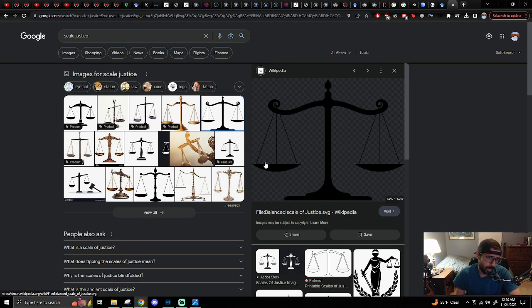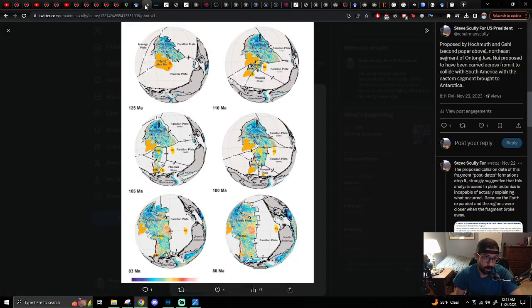It will look like this side's heavier, when the reality is all this stuff on the plate tectonic side can be put on the Earth expansion side, and then suddenly it goes the other way, where the evidence shows the true geological answer to be an Earth expansion model.